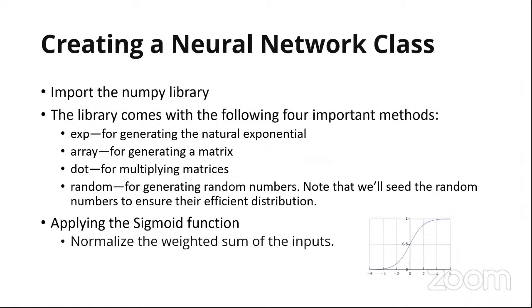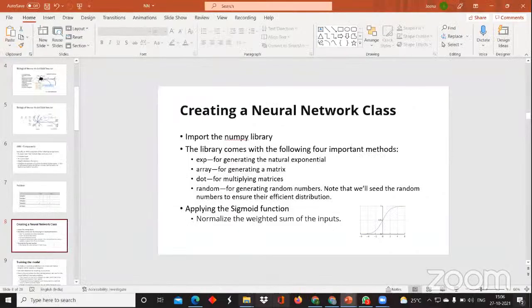So how to create a neural network class? In the Telegram group, I have shared a code. You can go through that particular code. There I'm importing the library NumPy, and I'm using 4 important methods: exp, array, dot, and random.